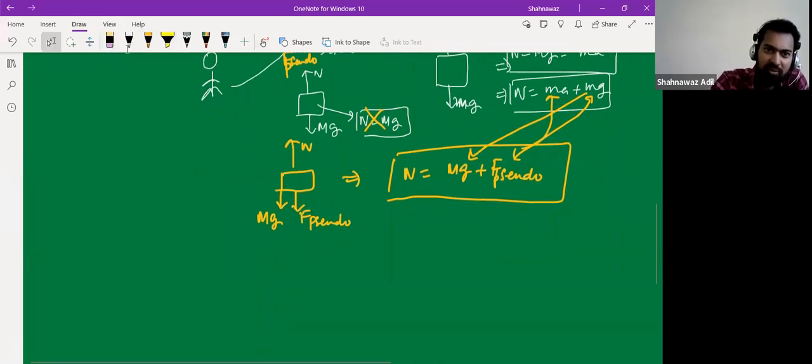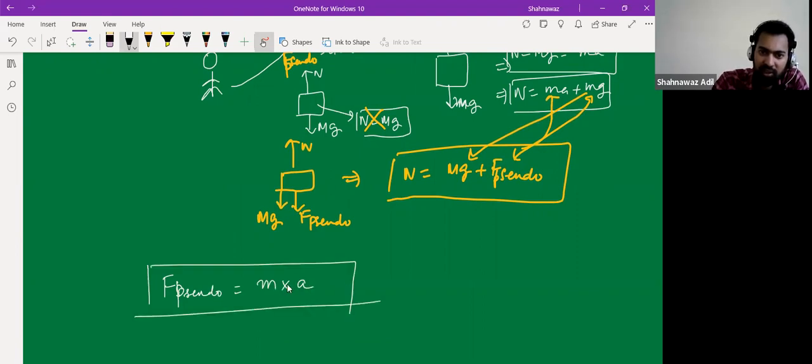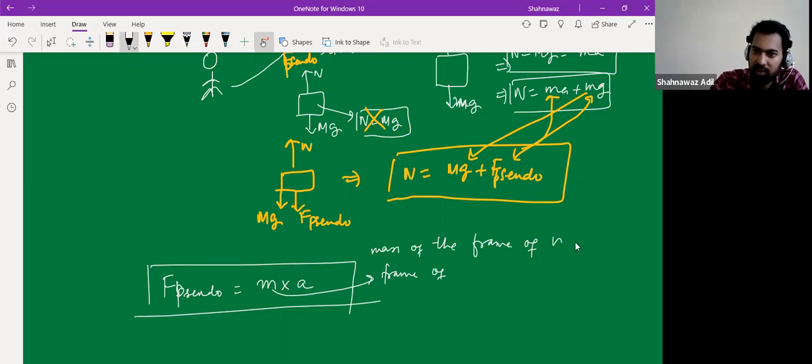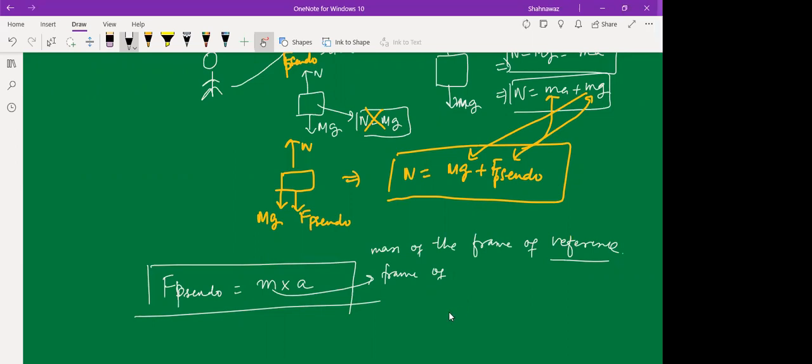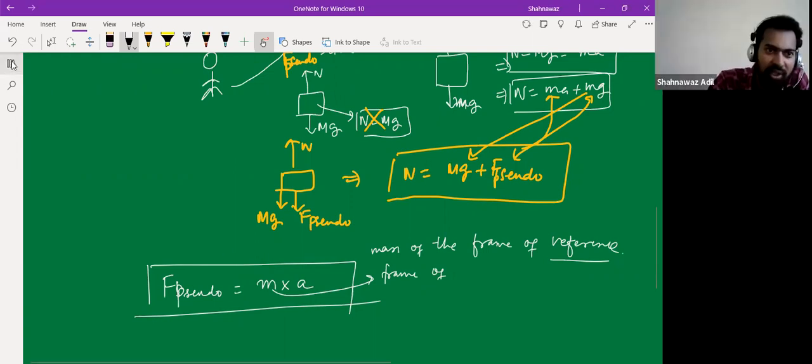So your F pseudo is mass into acceleration, where this mass is the mass of the frame of reference. Clear this part? Any doubts up to this point? No, sir. Right.